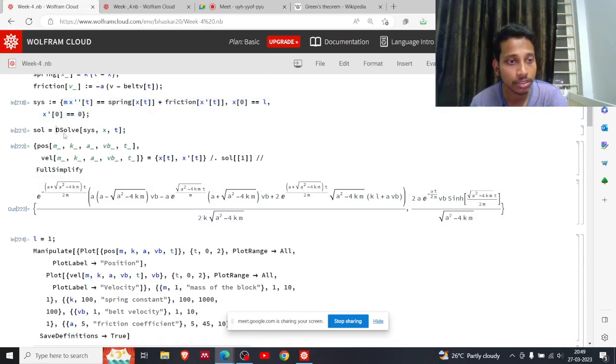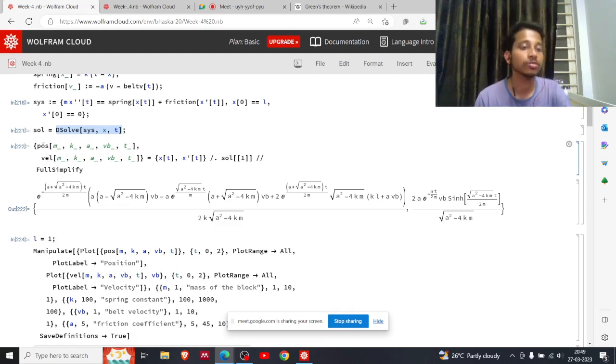Now we use DSolve. Using DSolve we solve this differential equation and assign the solution to two functions, one is position and another is velocity.